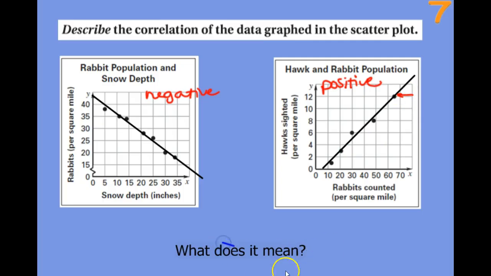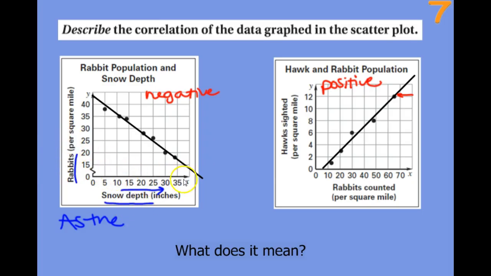And then, what does this mean? So, this is going down. What's going down? Well, the rabbits are going down as our snow depth, how deep the snow is, goes up. So, rabbit population and snow depth. The rabbits per square mile is going to depend on how much snow there is.